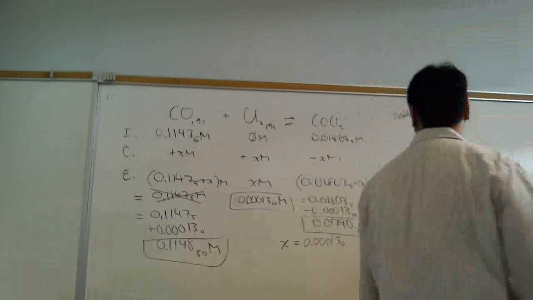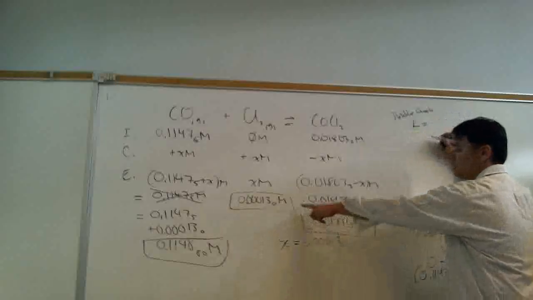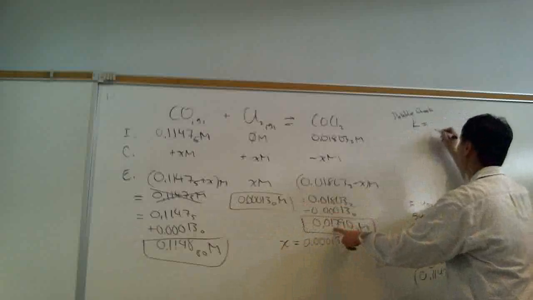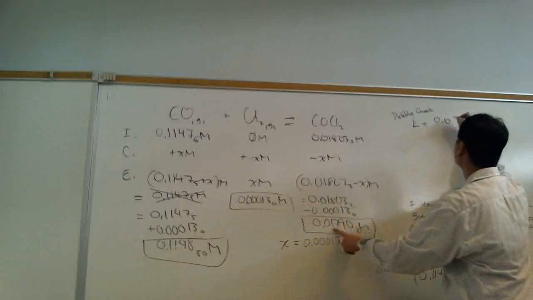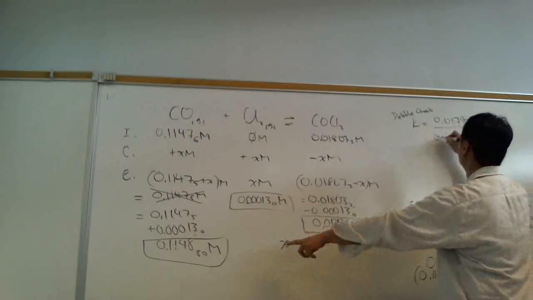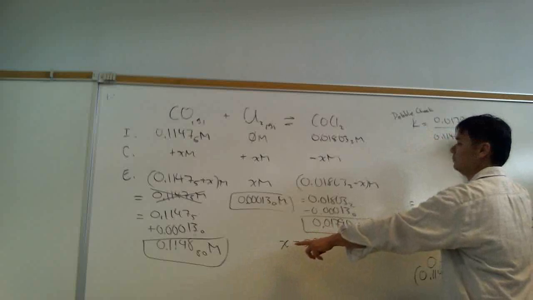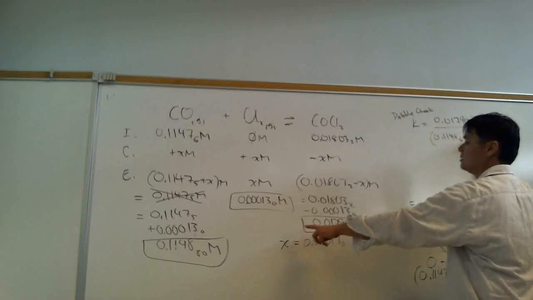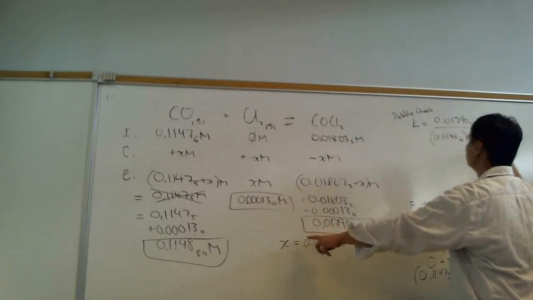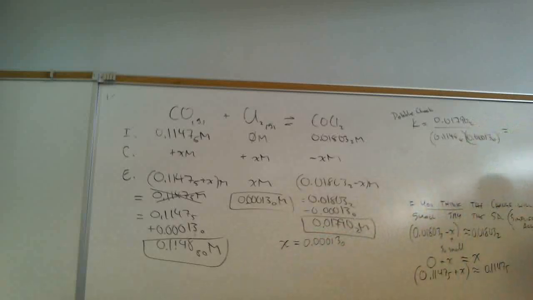And so we're going to do our double check and see by calculating the value of K based on our calculated equilibrium concentration, 0.017902 divided by 0.11488 times 0.000130. Hopefully that comes out somewhat close to 1.2 times 10 to the third.